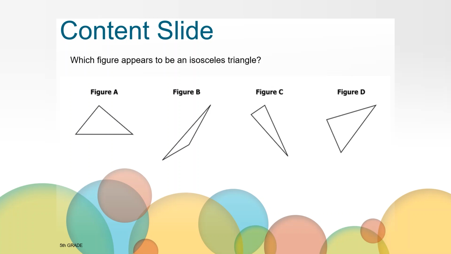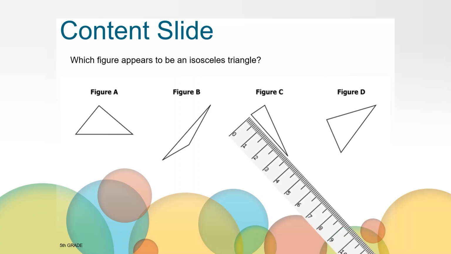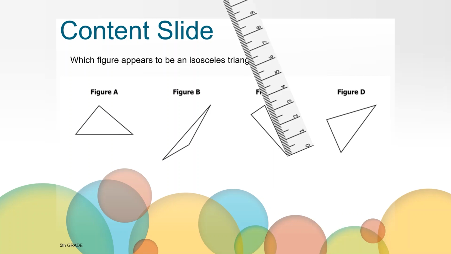One side of figure C measures about 3.5 centimeters long. The other side measures about 3.5 centimeters long. The third side looks a lot shorter, so figure C has exactly two congruent sides. And that means it's an isosceles triangle.